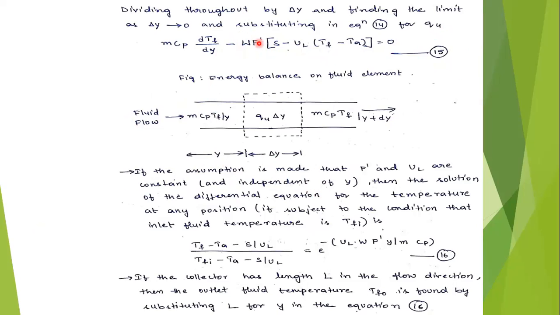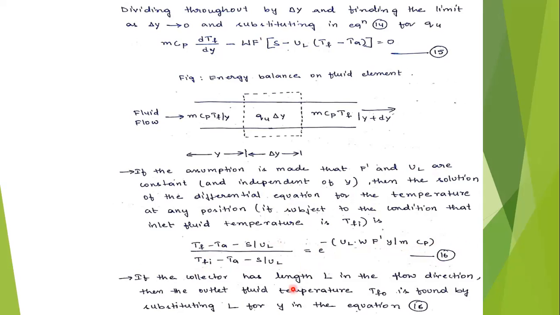F dash is constant for any collector design and for any rate of flow of fluid, and UL is also constant and independent of Y. Then the solution of the differential equation for the temperature at any position is (Tf minus Ta minus S by UL) by (Tfi minus Ta minus S by UL) is equal to e power minus UL W F dash Y by m Cp. This is the 16th equation.